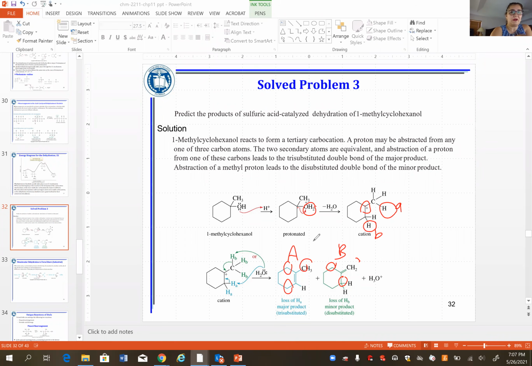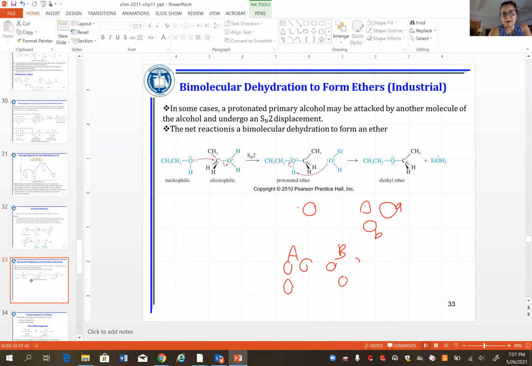I am 100% sure that you have learned in the elimination reaction, at the end of the elimination reaction, about the Hofmann product. And the Hofmann product is when you bring a very bulky base.